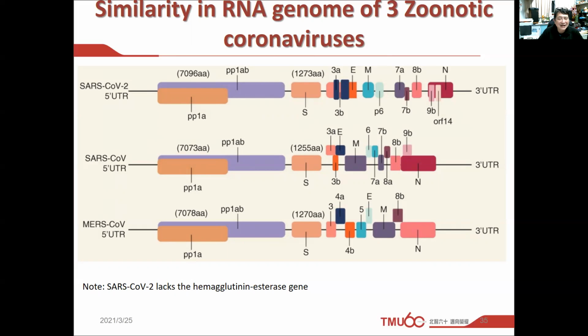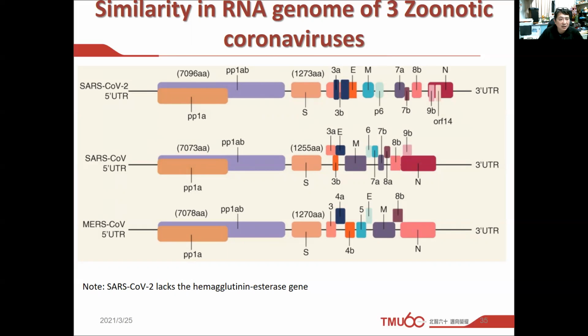They share very high homology in the 5' end and differ in the 3' end. The major difference is the envelope protein, with different envelope protein sequences among the three coronaviruses.